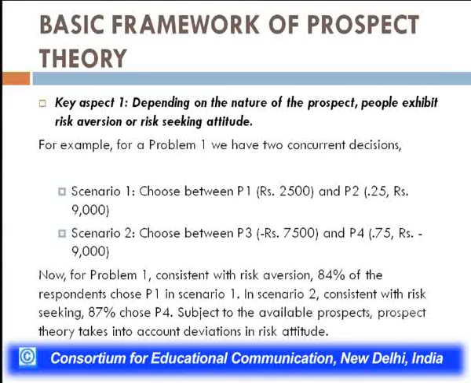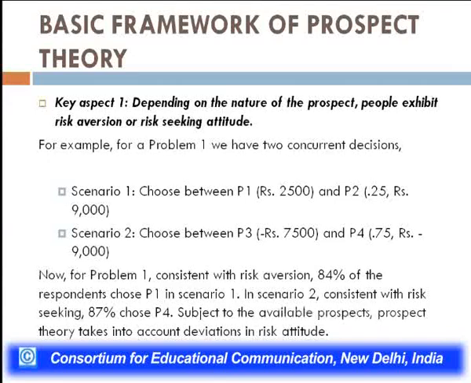In scenario 2, he has a choice between P3 and P4, wherein P3 is a loss of 7500 rupees and P4 is a 75% chance of losing rupees 9000. For the first problem, which is consistent with risk aversion, 84% of the respondents chose P1, that is a sure shot gain of rupees 2500, with respect to the 25% chance of winning rupees 9000.